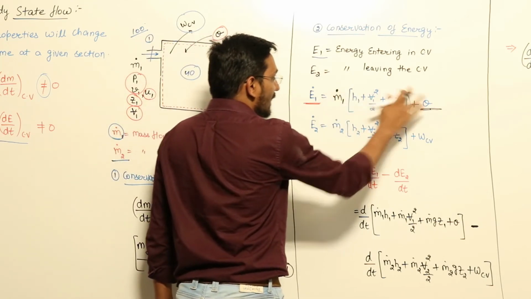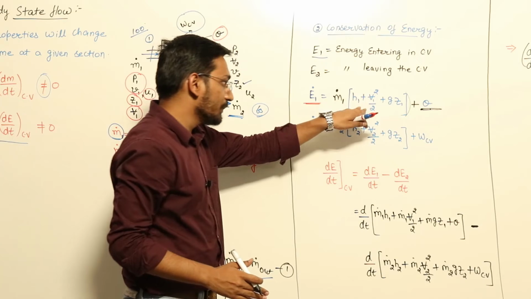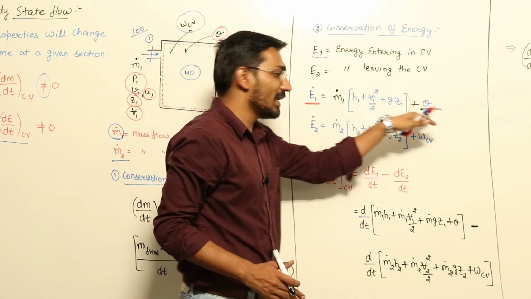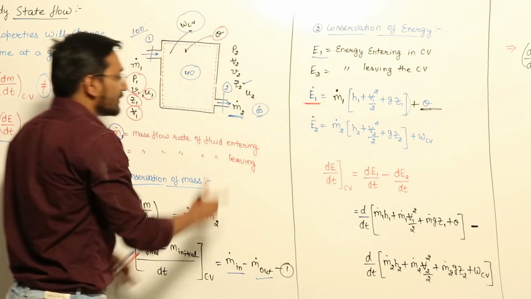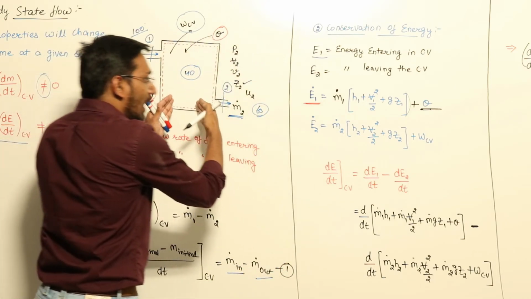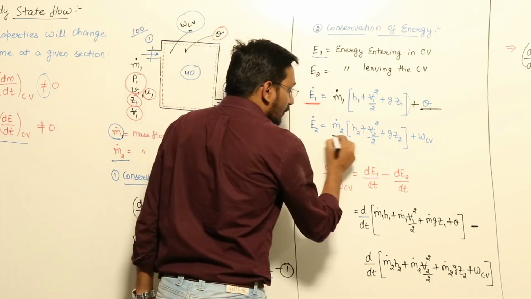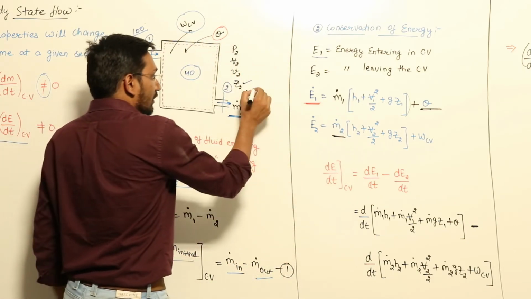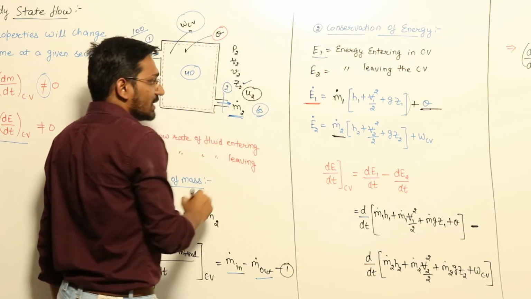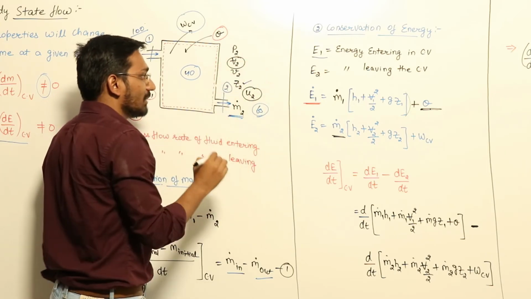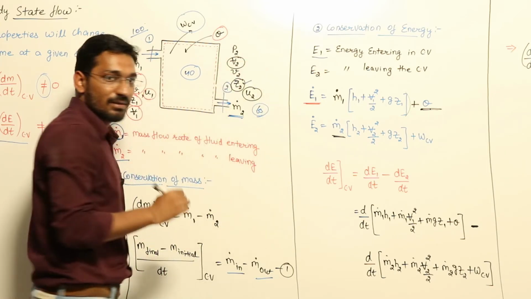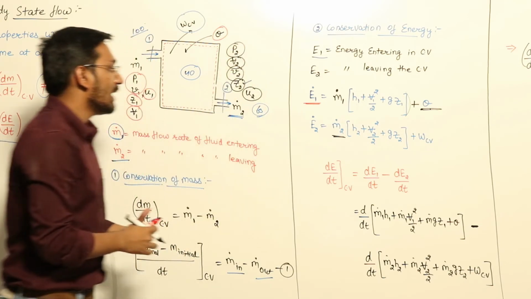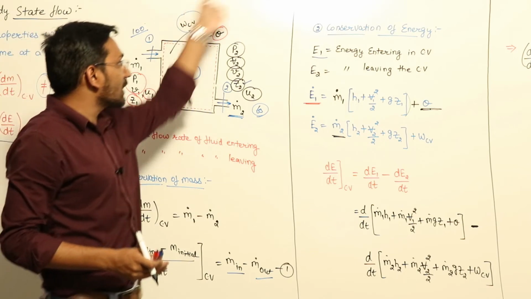So this is the energy at the inlet, m dot 1 into h1 plus v1 square upon 2 plus gz1 plus Q. And energy going out of the system is mass flow rate m dot 2 into, because of some temperature, some internal energy is there, velocity is there, then some kinetic energy, because of some height, potential energy, because of some flow work, this flow energy, and the system is doing some work on the surrounding.